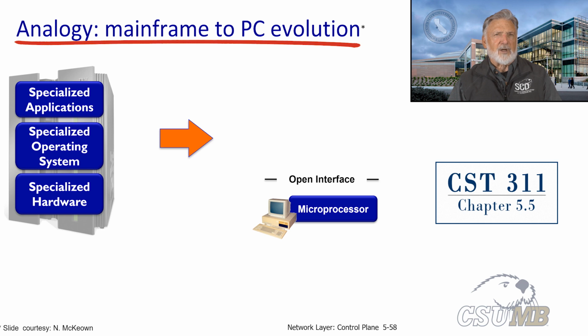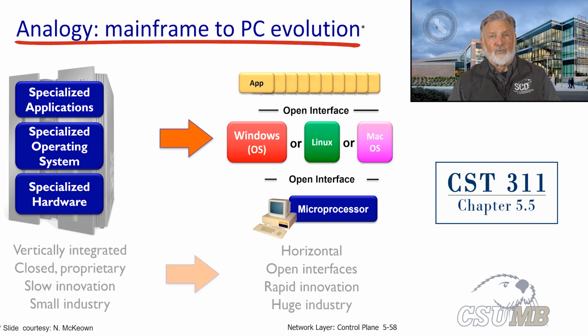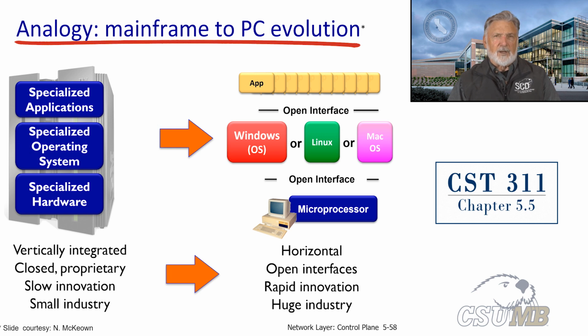It split up this monolithic structure. Although the industry eventually coalesced to just a few microprocessor families and operating systems, the open interfaces between the microprocessor and the OS and the applications fostered rapid innovation, and it created a huge industry. Some hope that SDN will grow into a rich ecosystem, leading to another great innovation push.